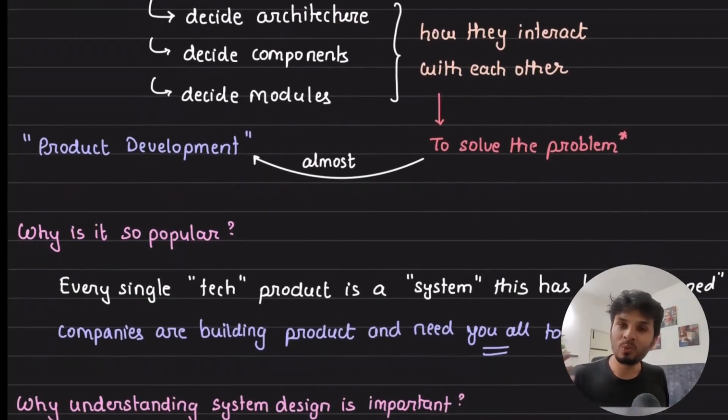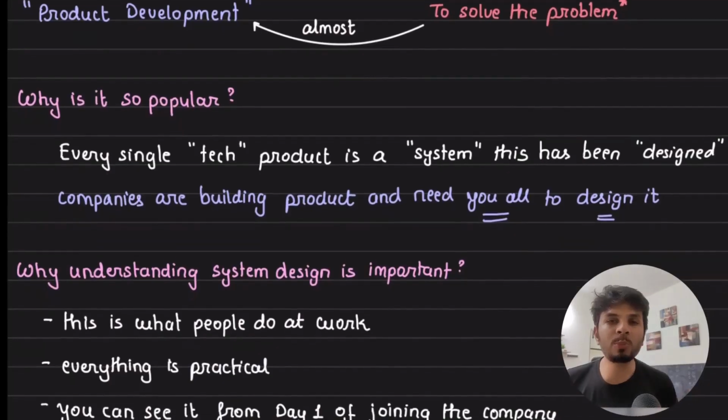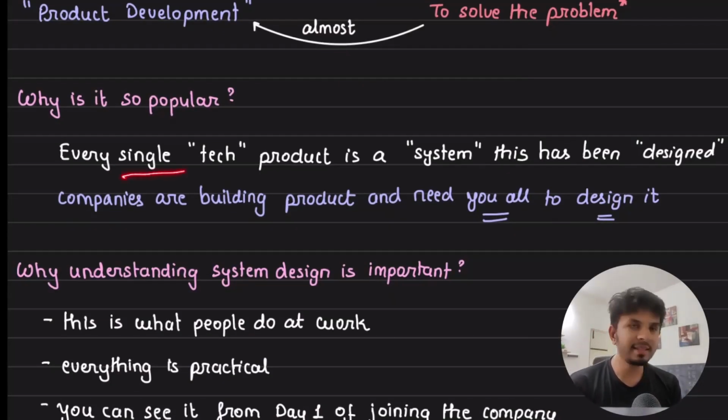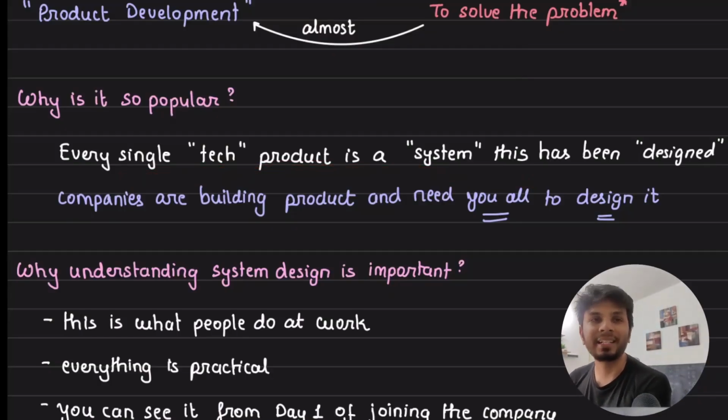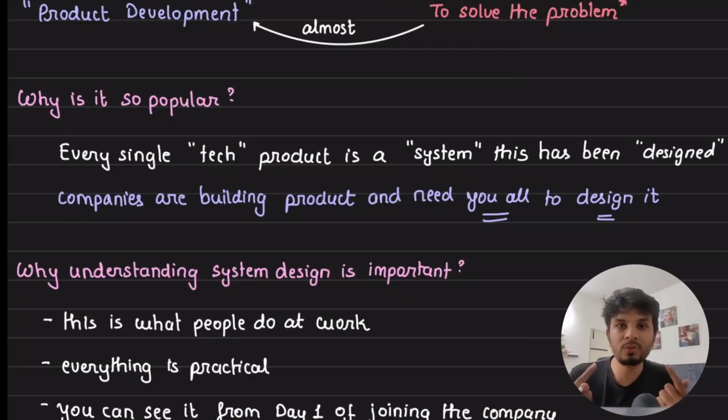This is why system design is so popular today, because every single tech product is a system that has been designed. Companies are building products and need all of you to design them, right? Because it's so closely related to how companies typically do product development, everyone is focusing on system design, because this is closest to what you do at work.